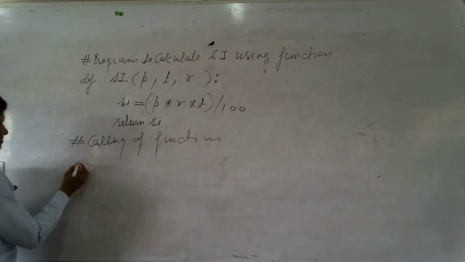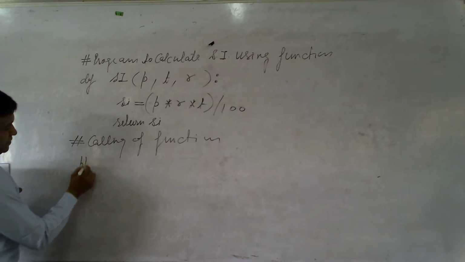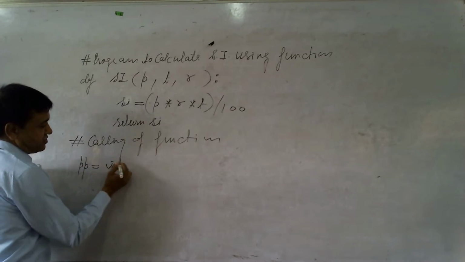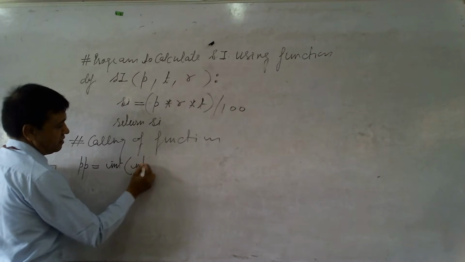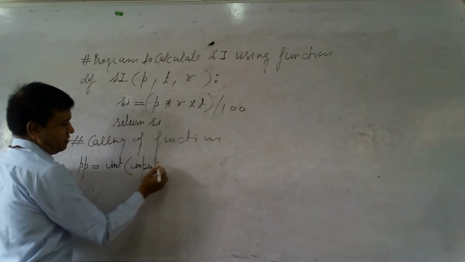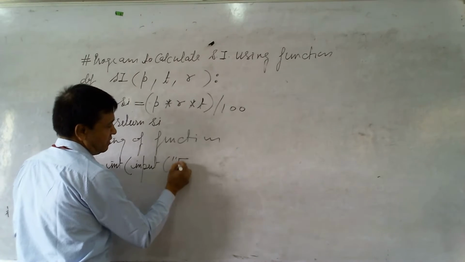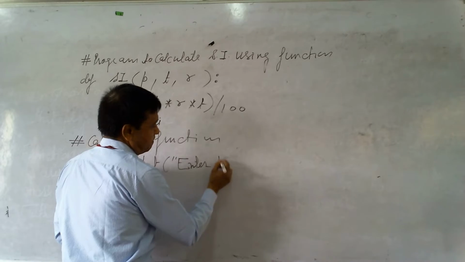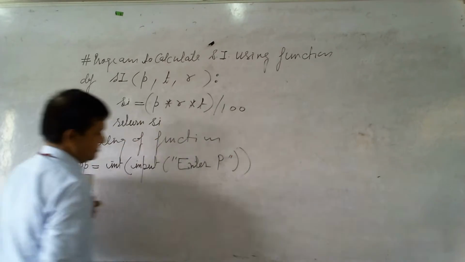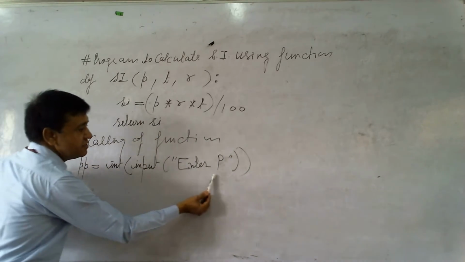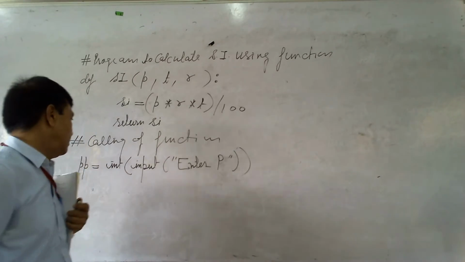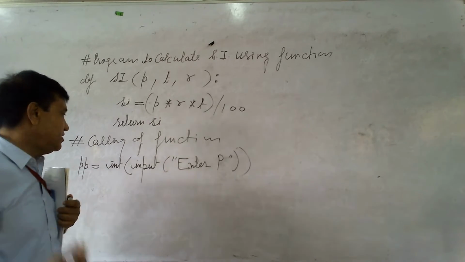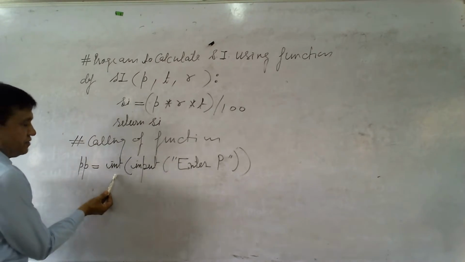I am taking here one variable p, this is for principal, and I am using the int function and input, enter p. Normally the input function receives the value in a string format, and to convert it into an integer value we are using the int function.